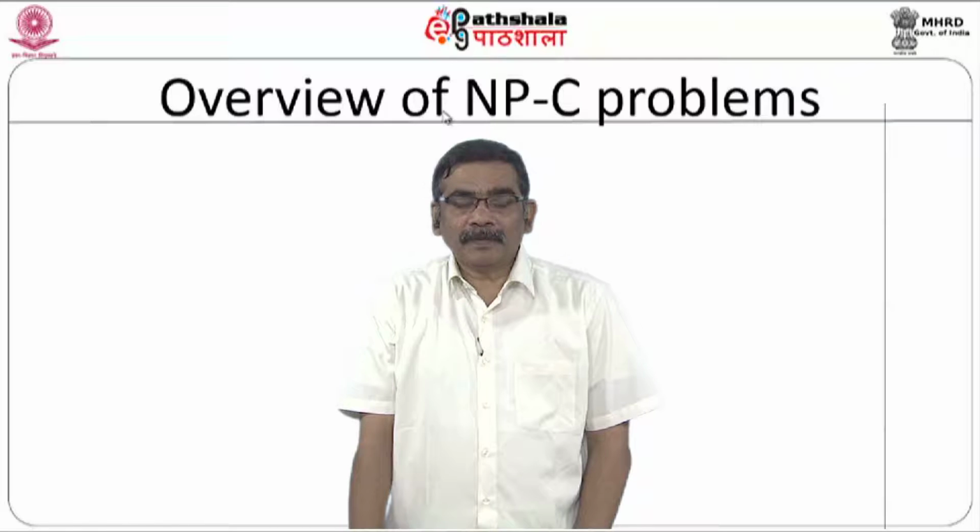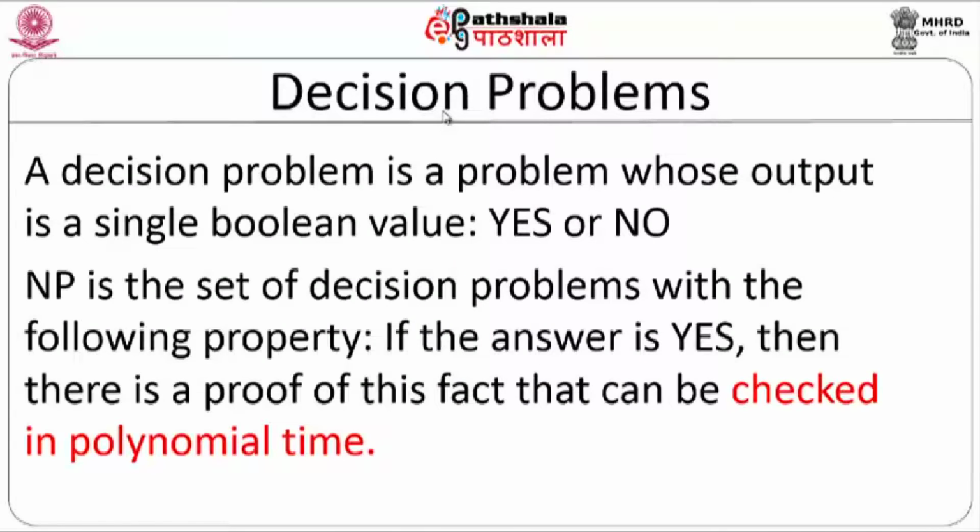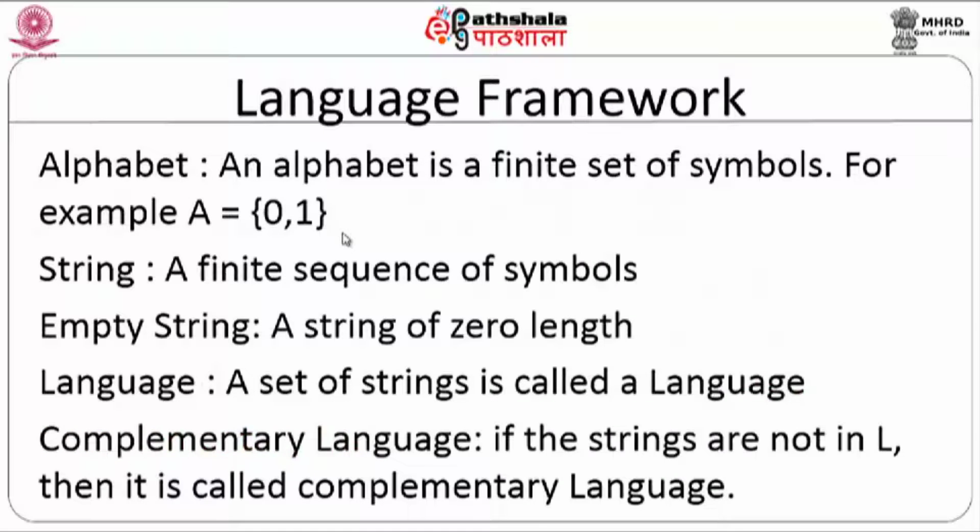So, we will talk about this set of problems. As I said earlier, the prerequisite for this is a decision problem. All the problems in the computer science domain should be mapped to decision problems, and once we have the decision problem, then we can create a language framework.